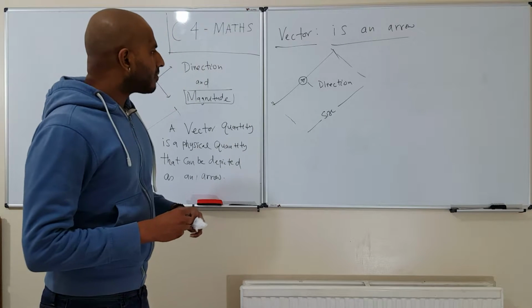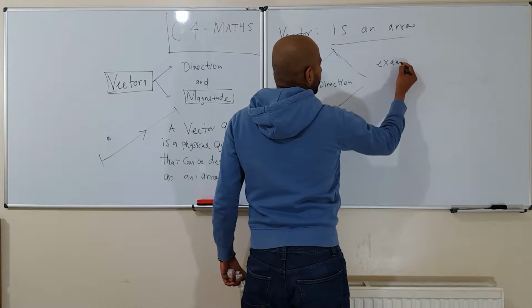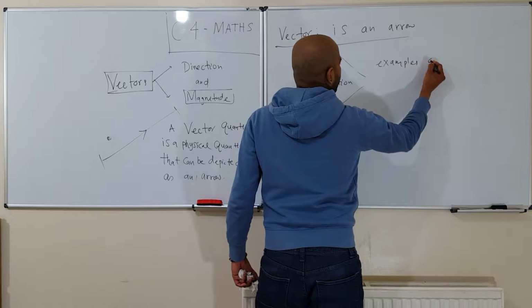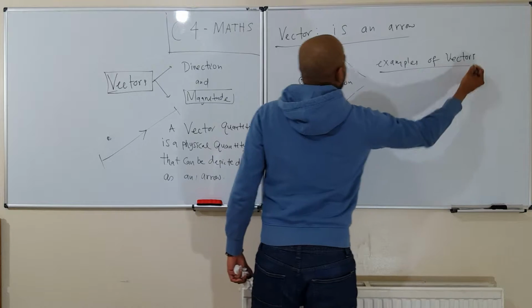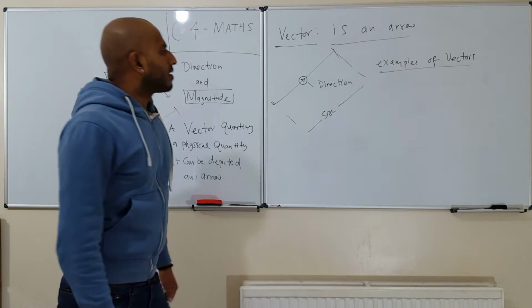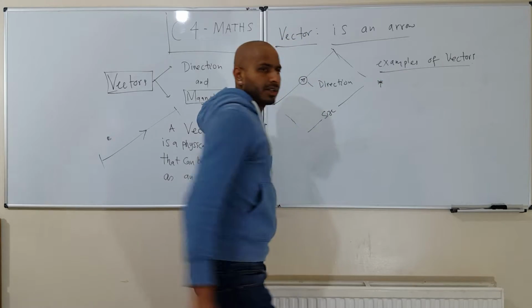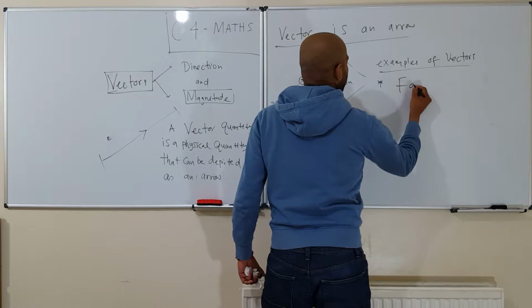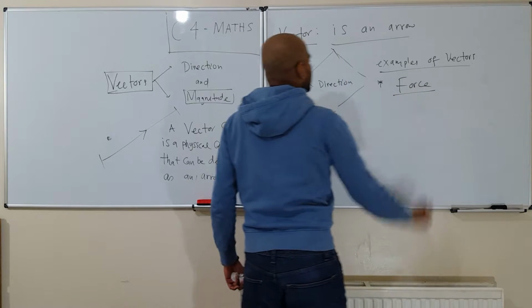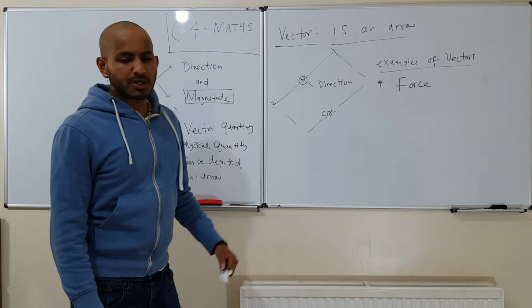Now let's look into some examples of vectors. There's a very famous example that is called force. Force is a vector. Why is force a vector? The reason is force means a push or a pull.